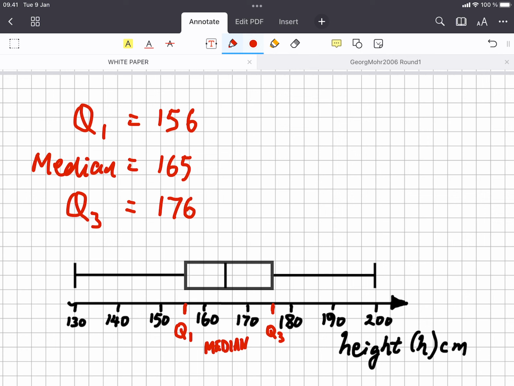The top of the box is the upper quartile, 176. The whiskers at the end of the box are representing the range of the data. So we know that it's no lower than 130 and no higher than 200, because those were the extreme values in the original table. And I've got the median at 165.